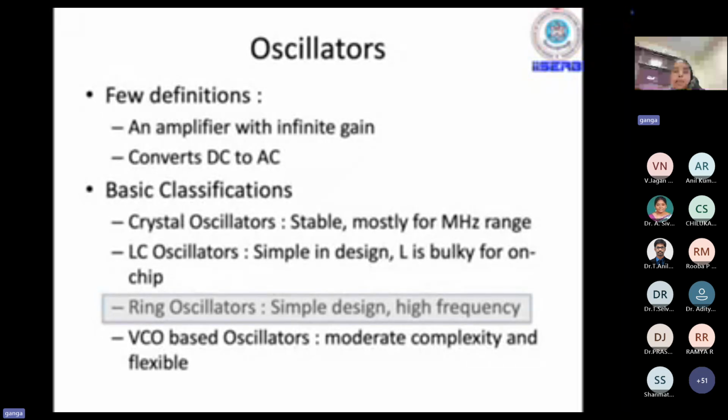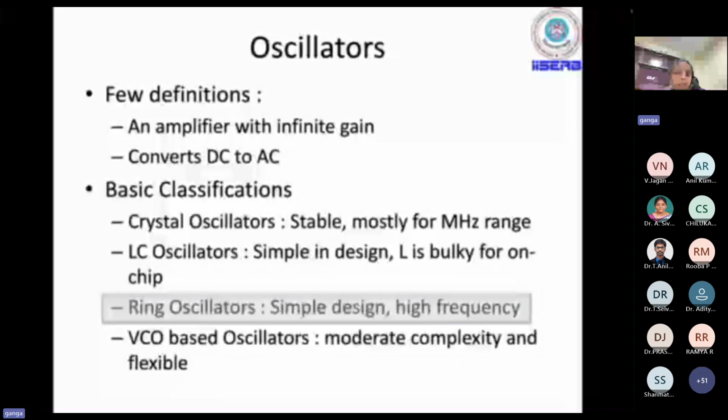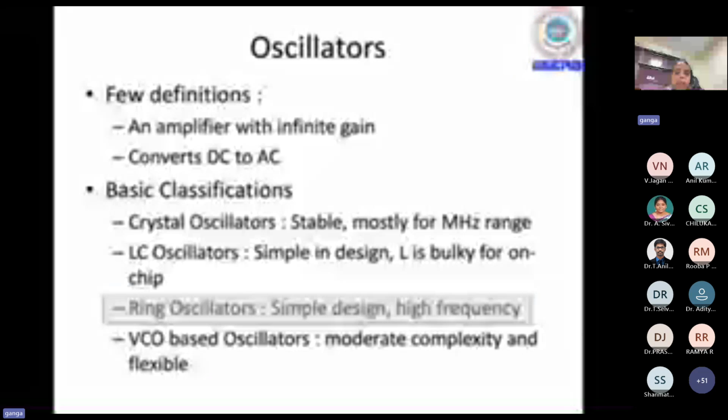The other category we can think of is the ring oscillator. They are again simple in design. They can even generate high frequency. Here we have a lot of freedom. Here I'm going to focus on these ring oscillators. My research team has designed a lot of oscillators. We are going to see them shortly in the coming slides. The other designs include voltage controlled oscillators.